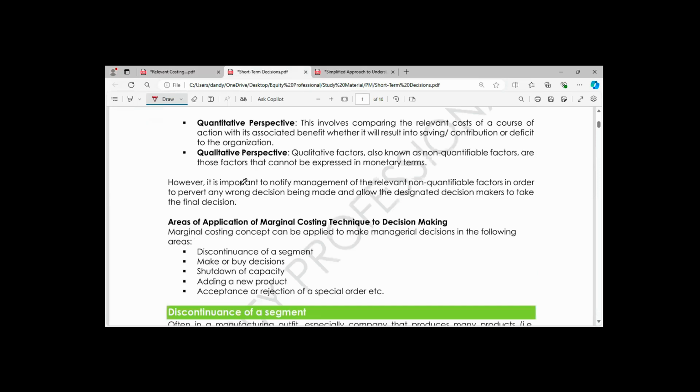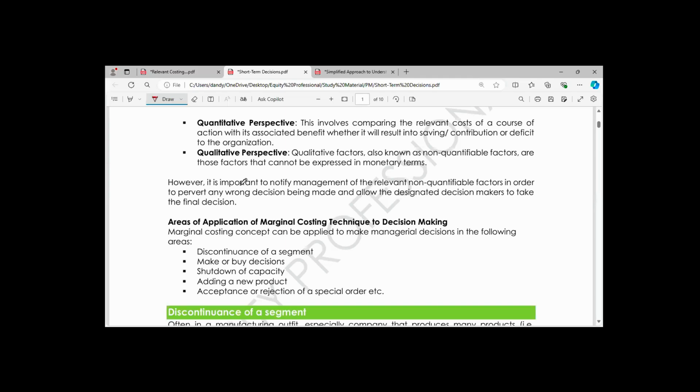Remember, I told you in our first day lecture, when I was explaining marginal costing technique, that it is a technique designed principally to aid managerial decisions. So, what are the areas in which you can use marginal costing technique in decision making?